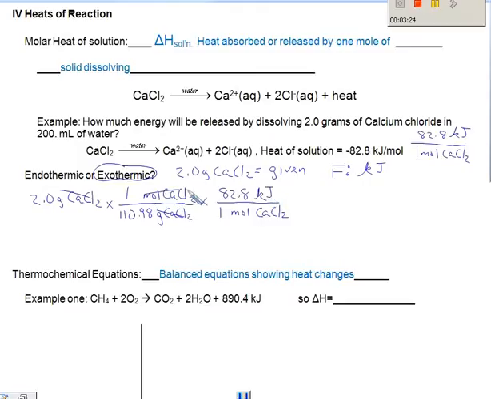So the moles of calcium chloride are going to cancel out. We're going to multiply everything on the top, divide through by the bottom, and if you take significant figures into account, your final answer will be 1.59 kilojoules. Put a box around it so that I know that you are done.